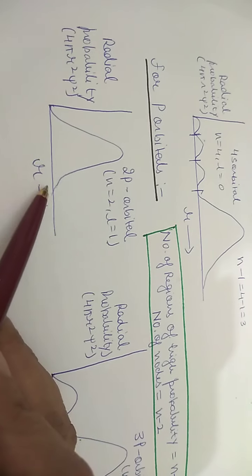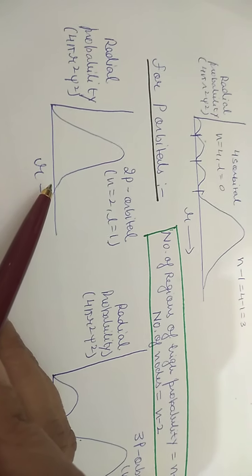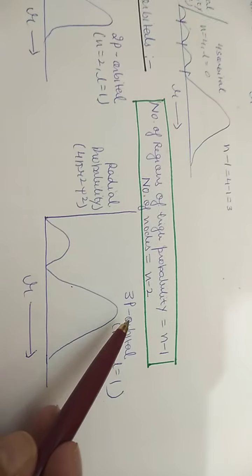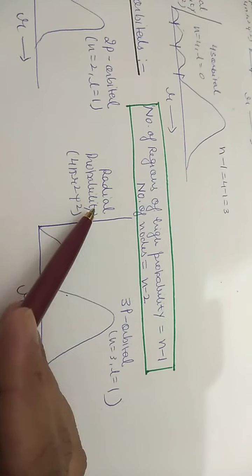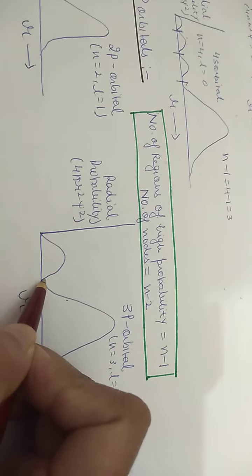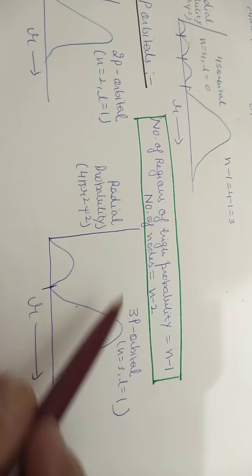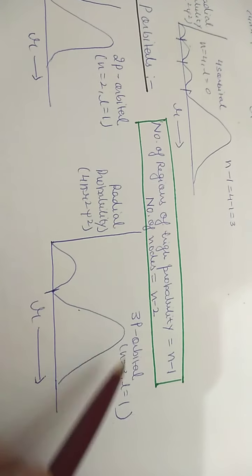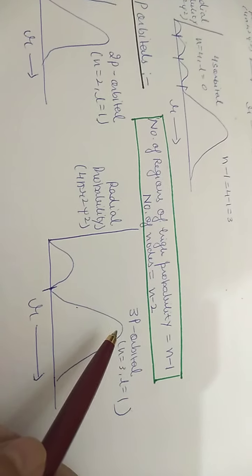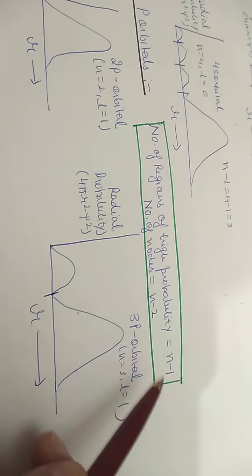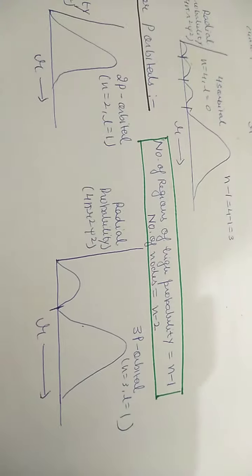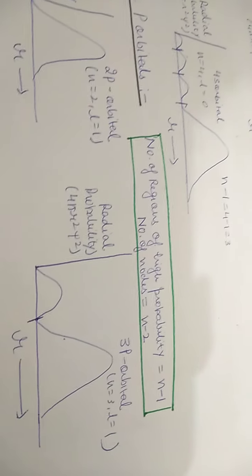So there is only one region of high probability and no node. For 3p, this point is the node: number of nodes 3 minus 2, 1 node, and regions of high probability 3 minus 1, 2.